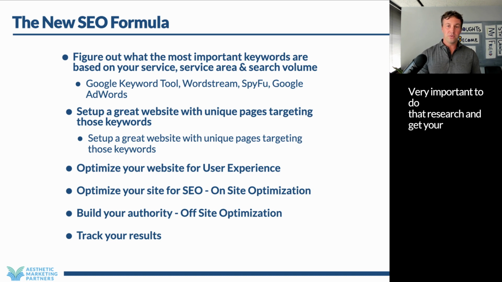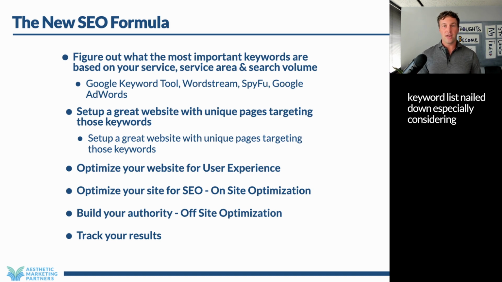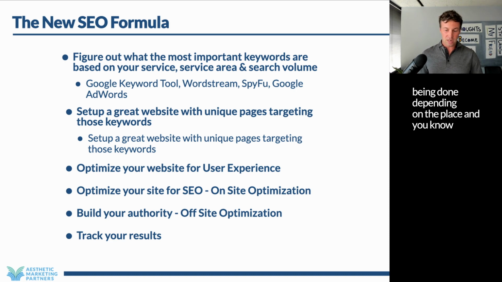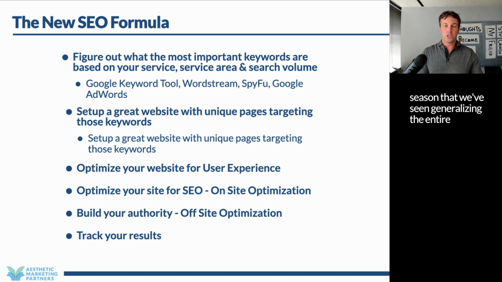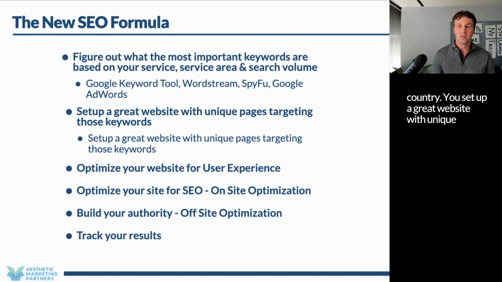Very important to do that research and get your keyword list nailed down, especially considering the seasonality between plastic cosmetic surgery versus med spa, with the more invasive procedures being done, depending on the place and how far north versus south, but typically September through about March, April. That's the busiest season that we've seen, generalizing the entire country.